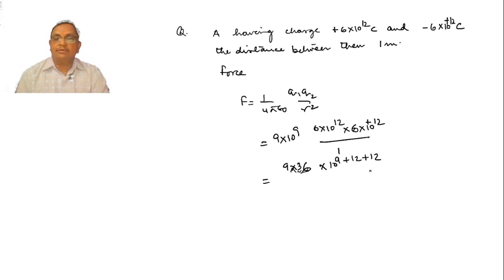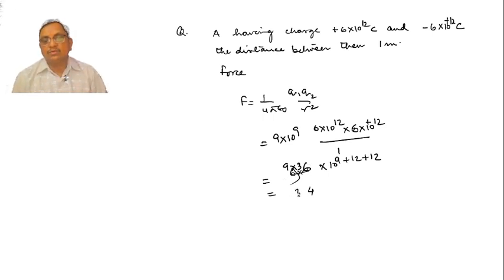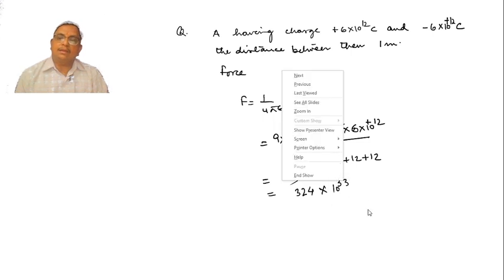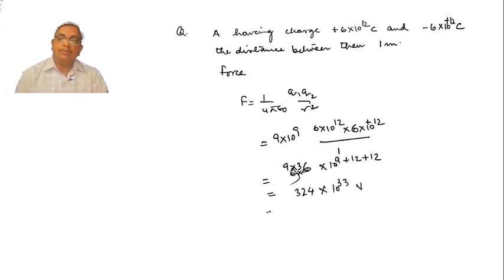You find that it is a very large amount of force. 9 times 36 is 324, so the value becomes 3.24 into 10 to power 35 Newton. This is a very large amount of force.